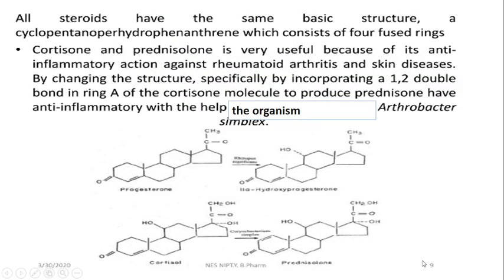Now, looking into steroid production, steroids have a similar basic structure, with a four-membered fused ring structure.